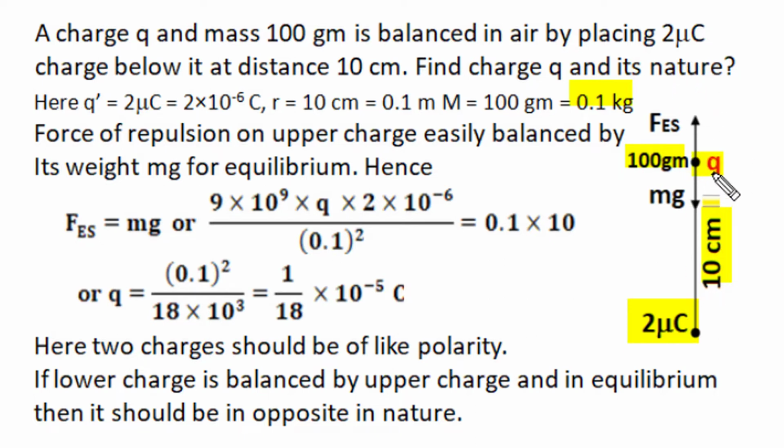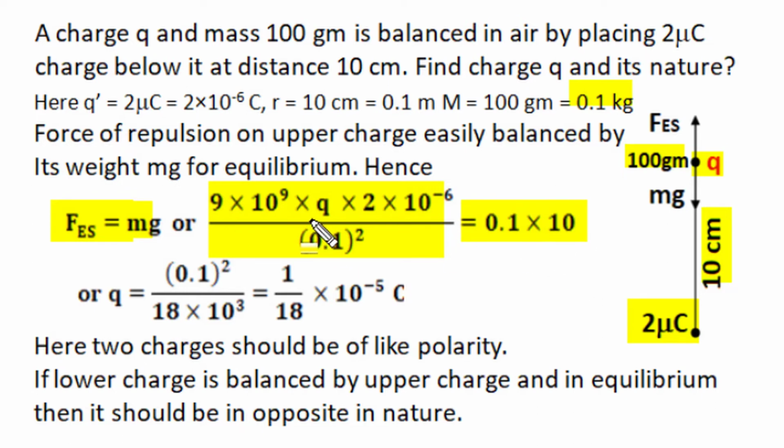So the unknown charge has positive polarity and let its magnitude be q. The electrostatic force and gravitational force equilibrium condition would become: electrostatic force given by k, 9 into 10 to the power 9, times unknown charge q, times given charge 2 microcoulomb, over the separation 0.1 meter squared, 10 centimeter converted into meter, is equal to gravitational force mg, and we can take acceleration due to gravity approximately equal to 10.